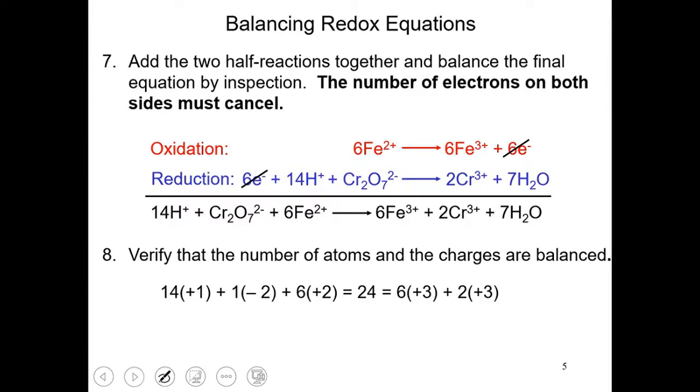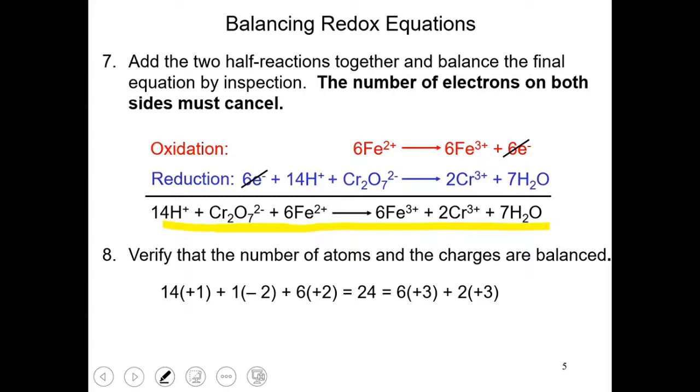So that checks. And therefore, the equation that we just did here is the correct equation. We have it in there. The only thing that would be missing is, if required, we would have to put in the proper physical states. This is the redox equation for this reaction in an acid environment.